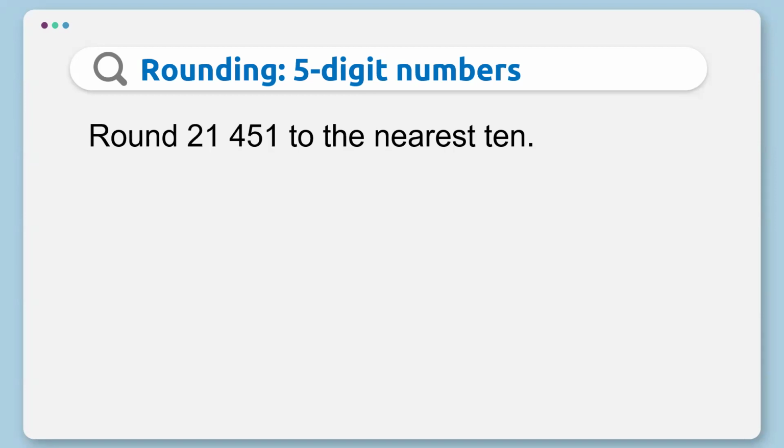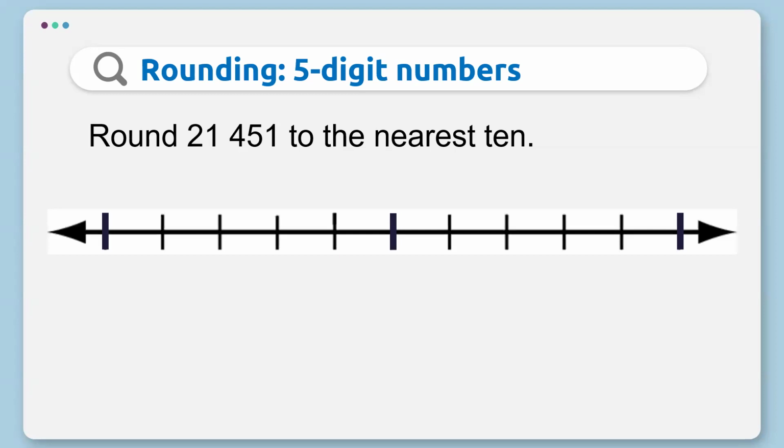Now let's try one last number. What happens if I want to round 21,451 to the nearest 10? Can you tell what the two endpoints should be?